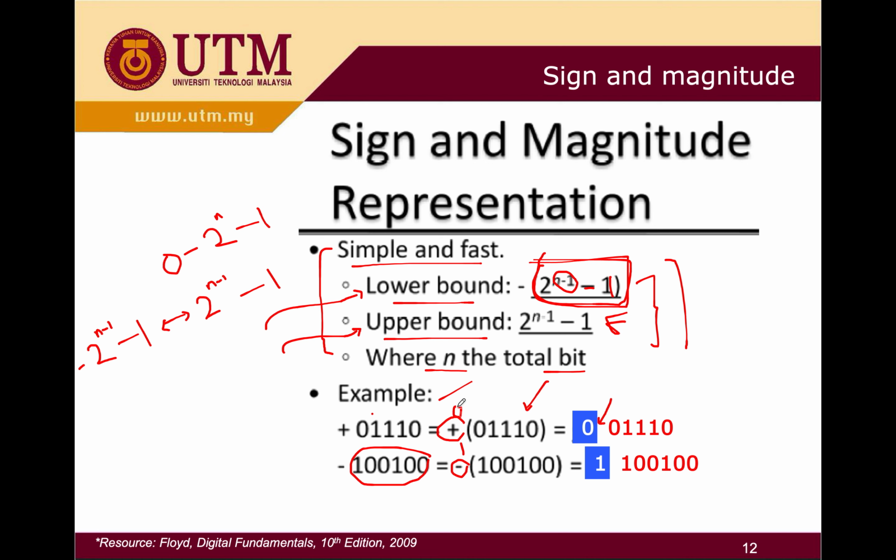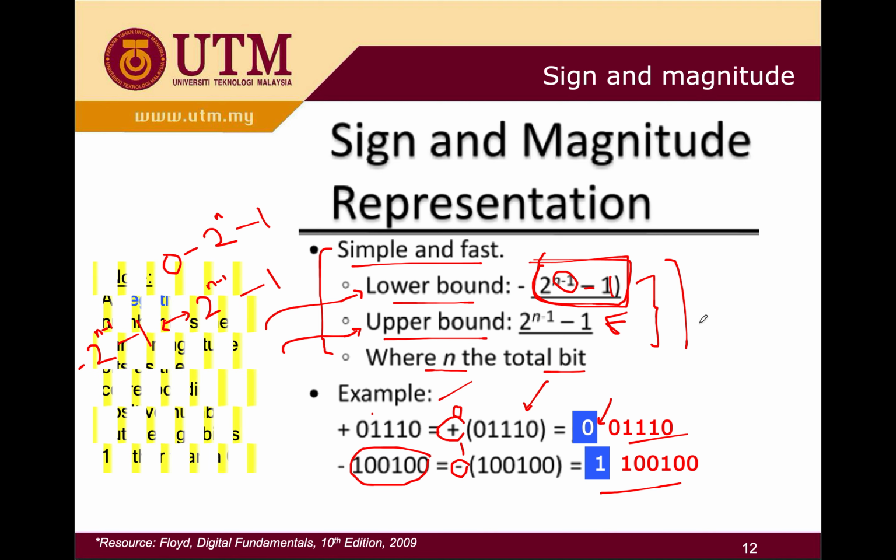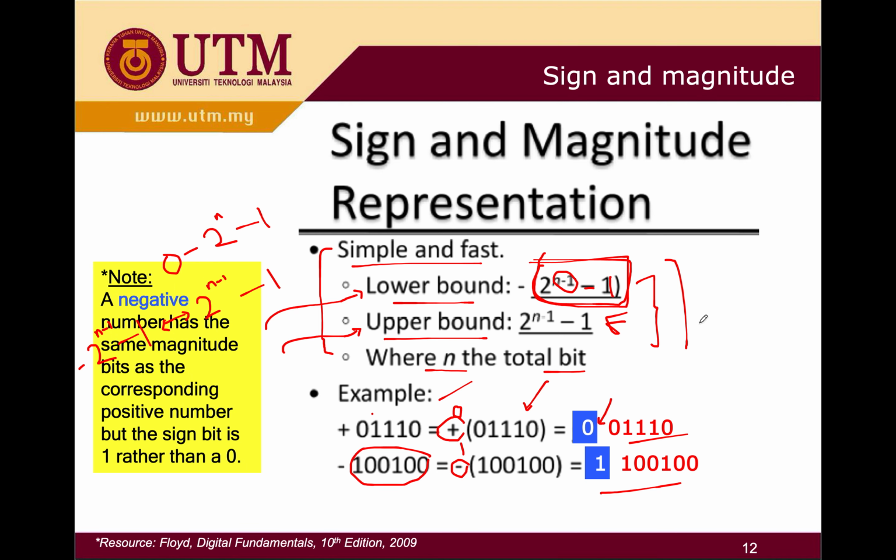This one is added with 0, so this is the result. In your module and ebooks, they already mention this too. A negative number has the same magnitude bits as the corresponding positive number, but the sign bit is 1 rather than 0.